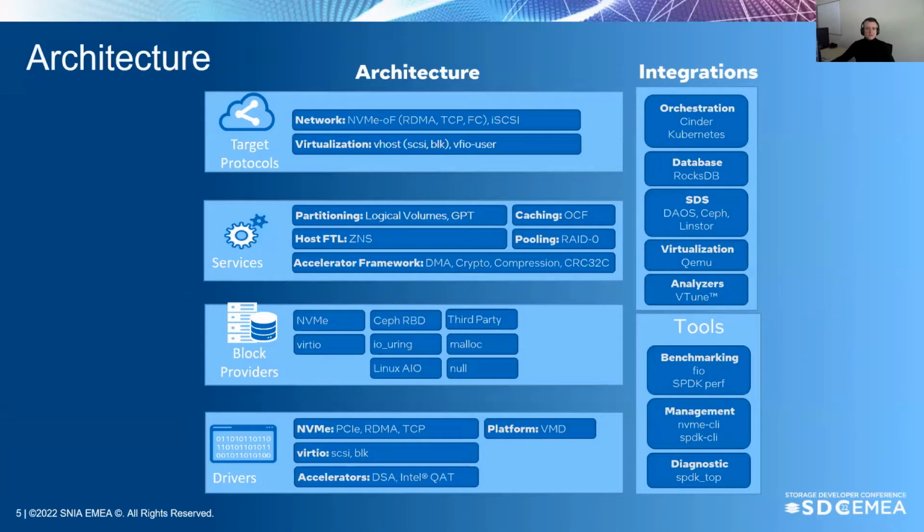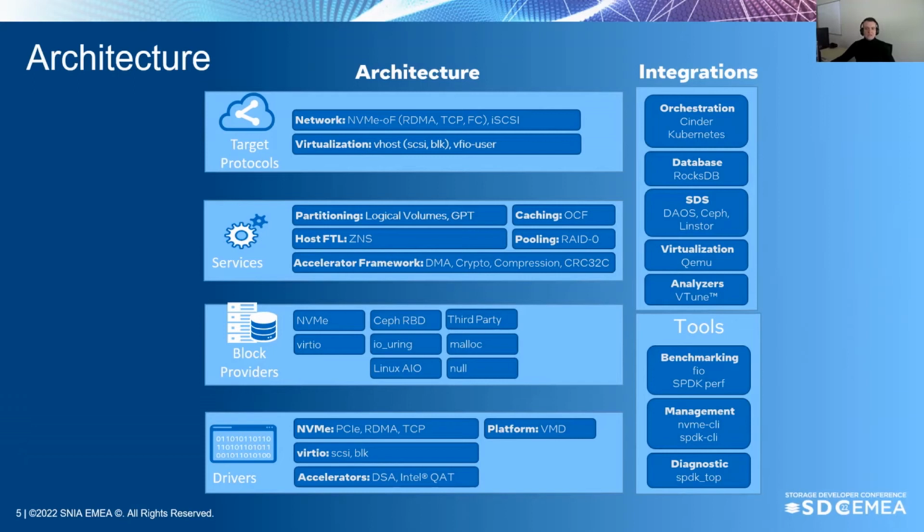As mentioned earlier, SPDK consists of multiple different libraries and drivers that support multiple different protocols. Just to name a few, we have an NVMe driver that supports both PCIe as well as Fabrics, TCP and RDMA. We also have an NVMe over Fabric target that supports RDMA, TCP, and Fiber channel. We have support for virtualized storage protocols such as VirtIO block and VirtIO SCSI.